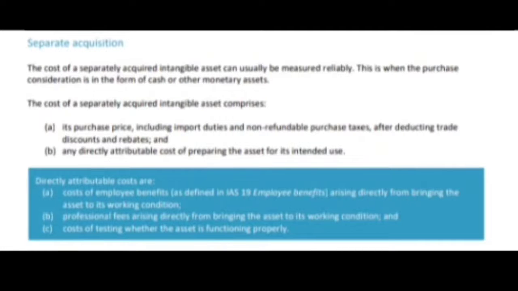Separate acquisition. The cost of a separately acquired intangible asset can usually be measured reliably. This is when the purchase consideration is in the form of cash or other monetary assets.